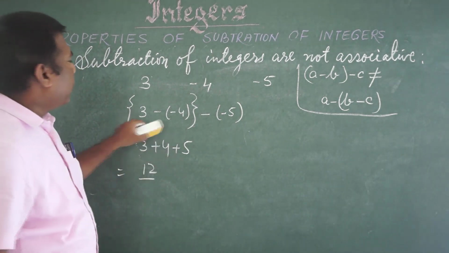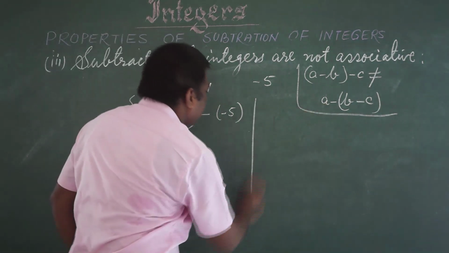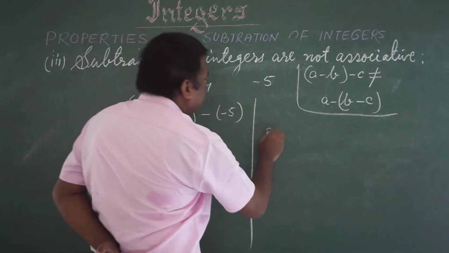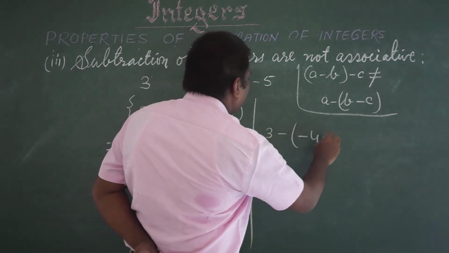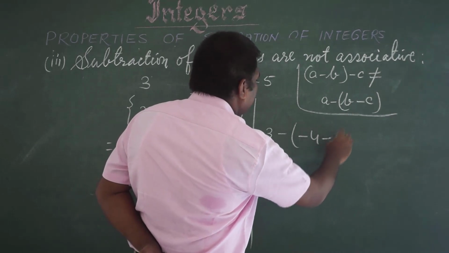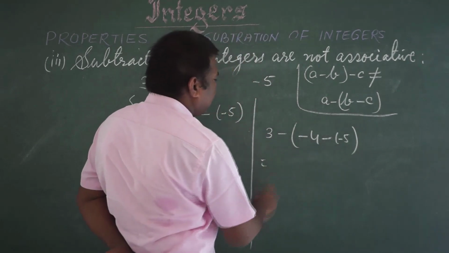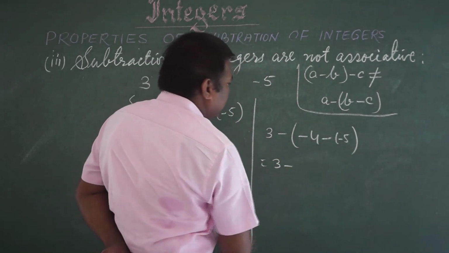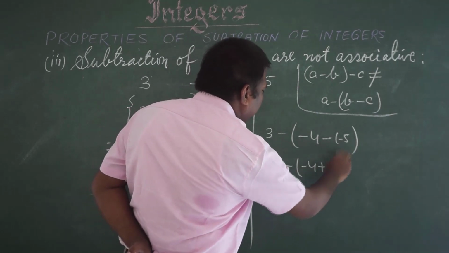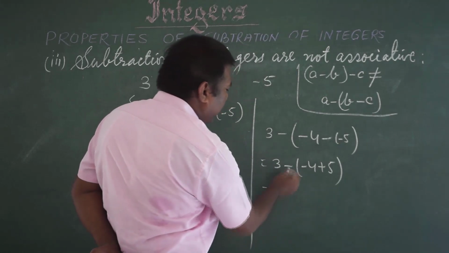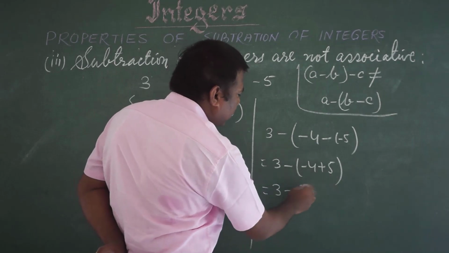Now, if you write the same numbers in this form, then what will you get? You will get 3 minus (4 minus 5). So what will you get? 3 minus 4 minus into minus plus 5, that will be equal to 3 minus, and minus 4 plus 5 will become 1.